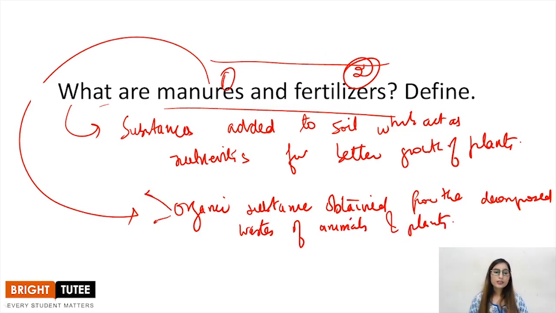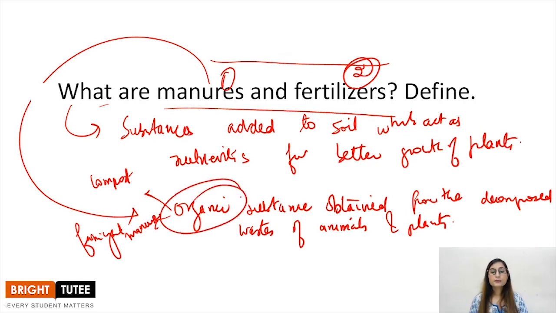And this is again of two types. First is compost, which is obtained from plants, and second is farmyard manure, which is obtained from animals, right? It is organic in nature because it is obtained from a natural source, and it is much better than fertilizers.